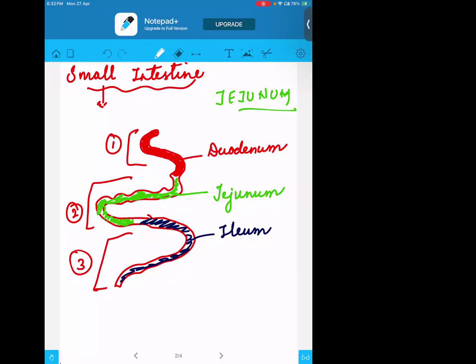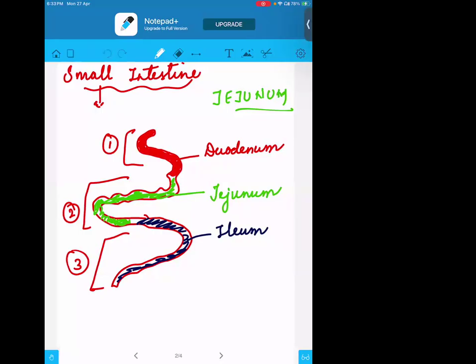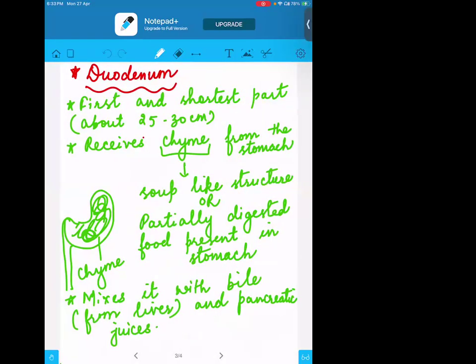I'm done. Everybody has done the diagram, children? Yes, ma'am. Go to the first part of it, duodenum, and write it fast. And write about the chyme also, because in the board examination for 1 mark, they ask, what is chyme?